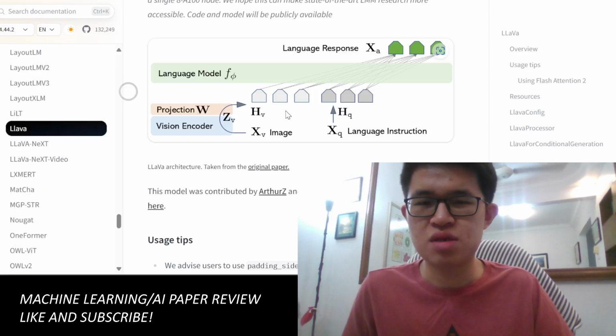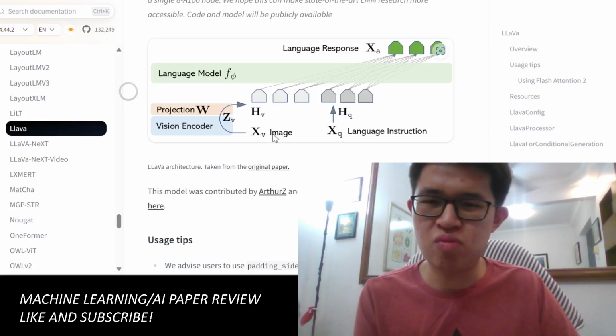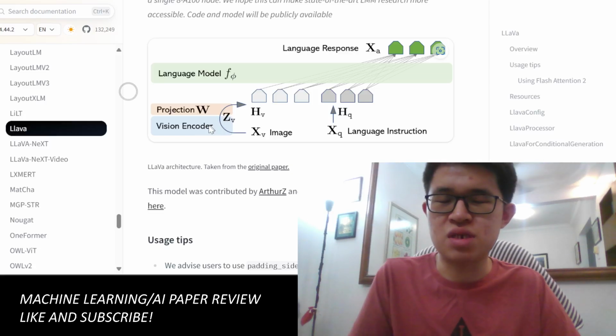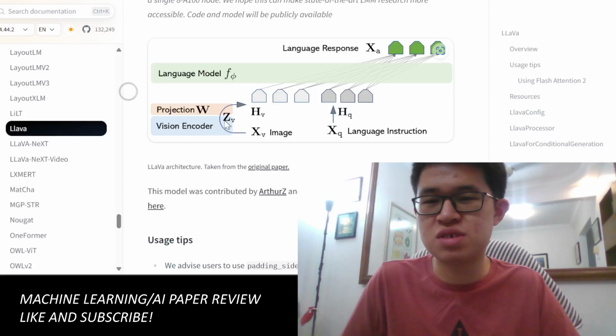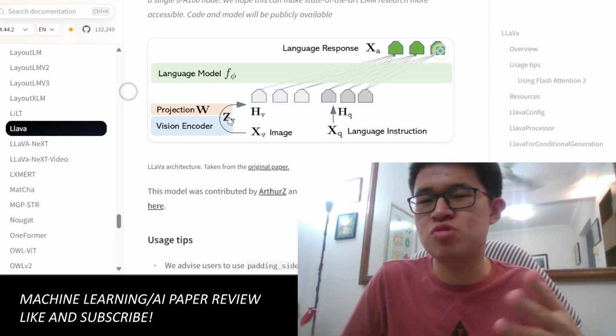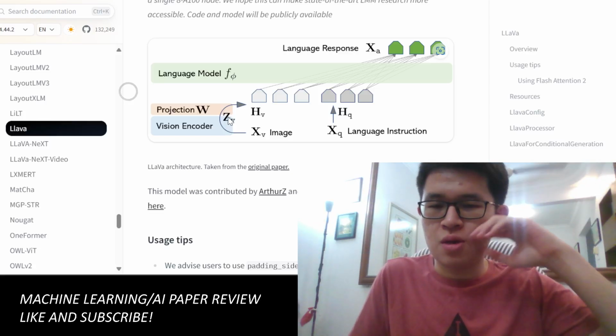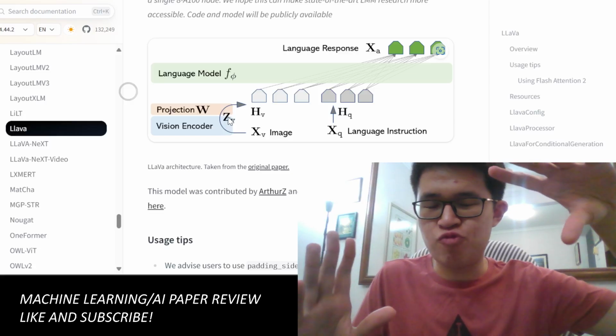Essentially, what you try to do is get an image and feed it into a vision encoder, which produces an embedding aligned towards the image domain in the vector space.